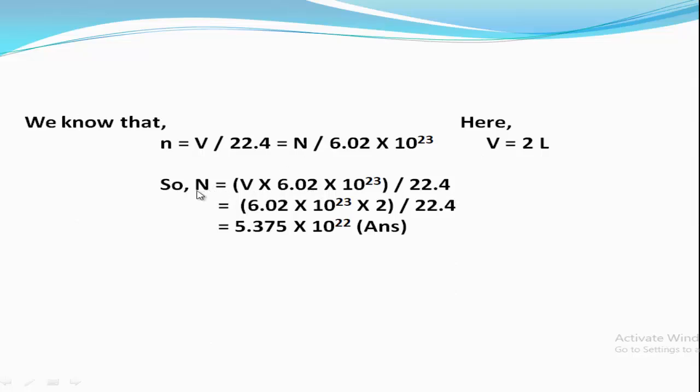We can determine the number of molecules easily by putting the values of the other factors. We only have to put here the volume which is given in the problem. So by using this formula we can easily solve this problem in a short time.